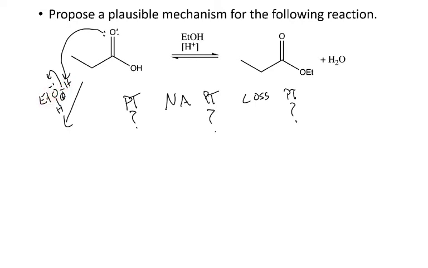I can't create a negative charge on an oxygen when I'm in acidic conditions. So after protonating my carboxylic acid, I have this. So then my next step will be nucleophilic attack.